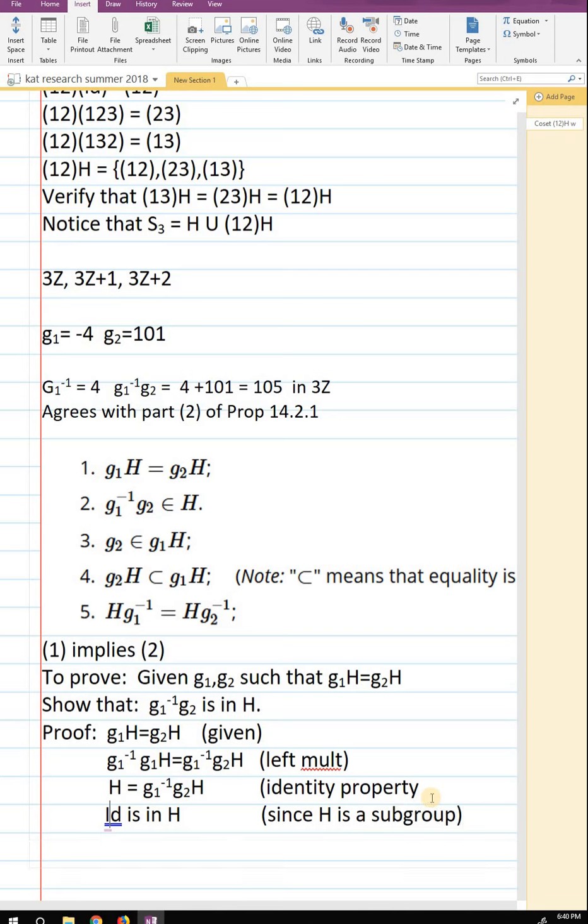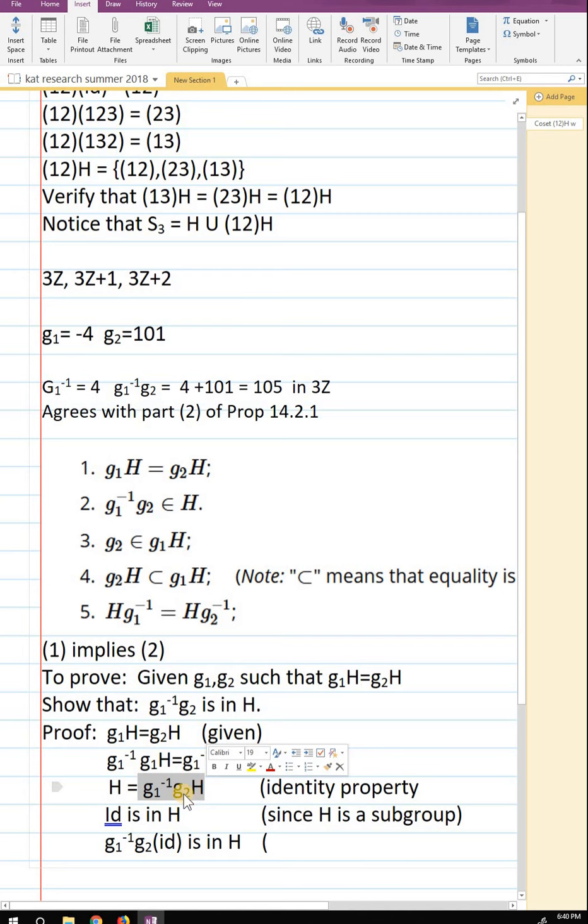So that means that G times the identity is in H. And this is the definition of what this means: if I take G1 inverse G2 times any element in H, that gives me H. So this is the definition of this.